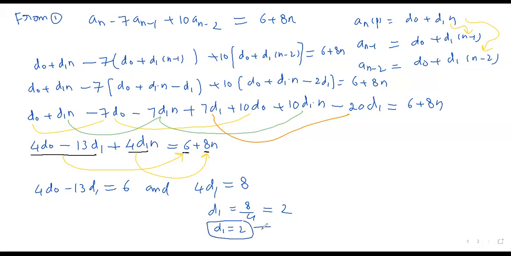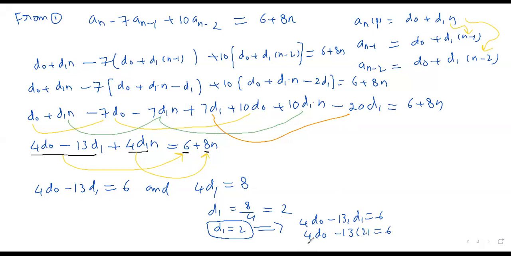Yes, this value d1 equals 2 we can substitute here in 4d0 minus 13d1 equals 6. In this equation, 4d0 minus 13 into 2 equals 6.